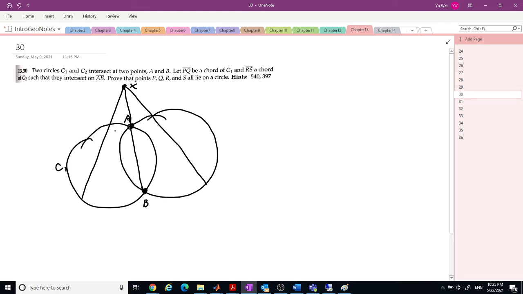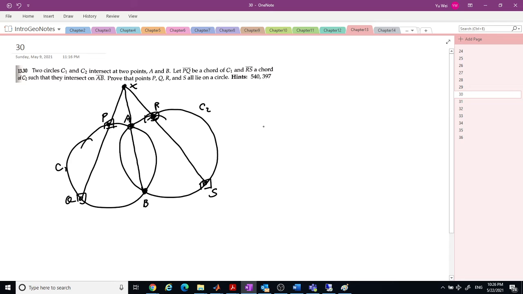This is C1, chord PQ, and the chord RS. Now we want to prove PQRS are concyclic.